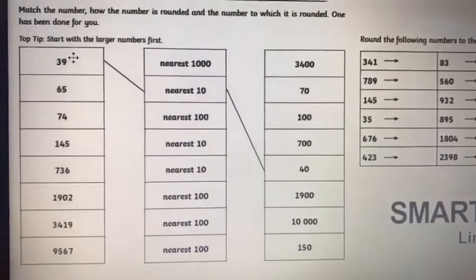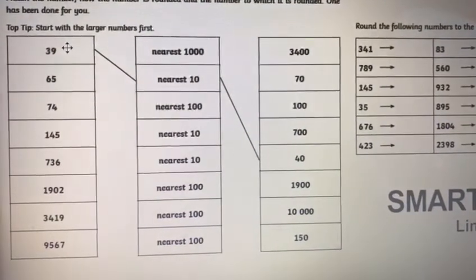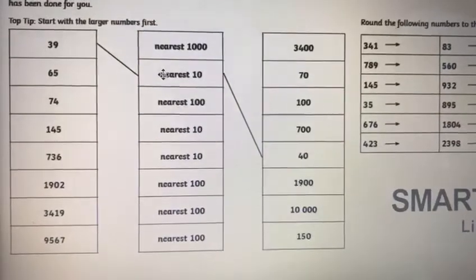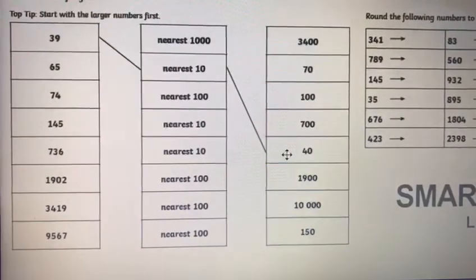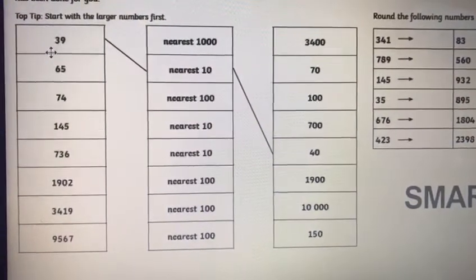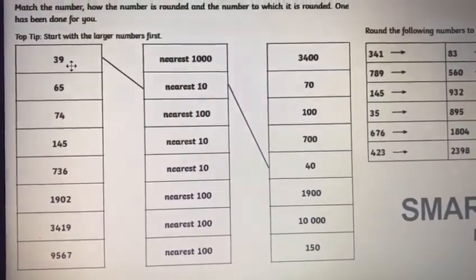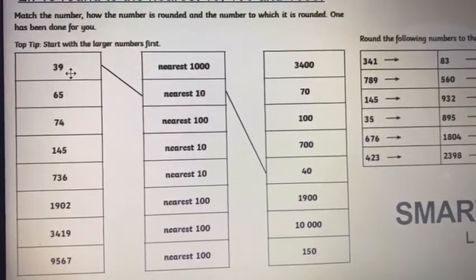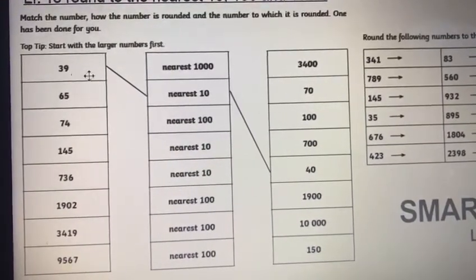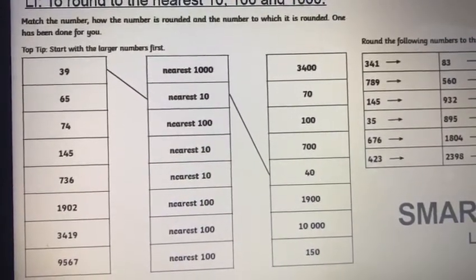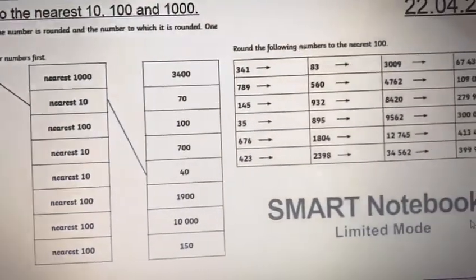So in this example, 39 rounded to the nearest tens is 40. So we know that this 39 is sandwiched in between 30 and 40, and it is closest to 40. And then you can continue with this activity.